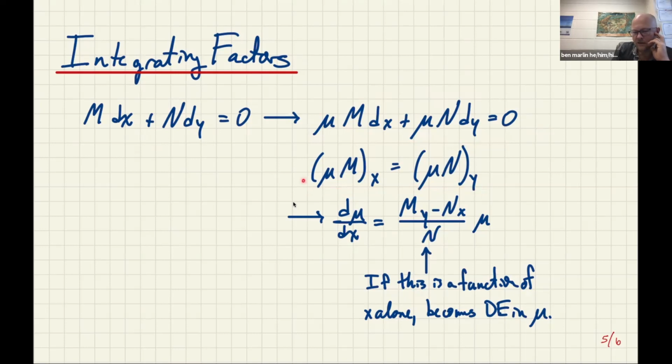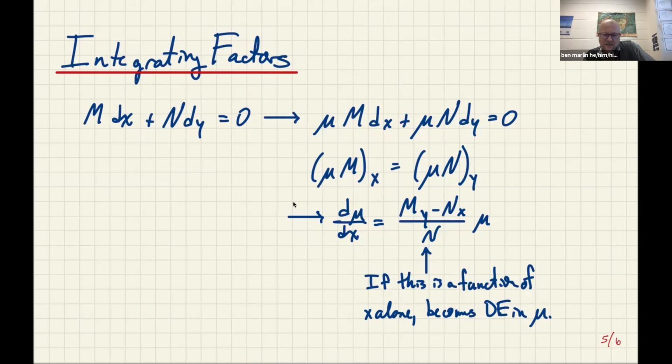I am a little dicey on getting the algebra of this step here to work, but it will turn out that the derivative of mu with respect to x will turn out to be m sub y minus n sub x all over n, and then times mu, okay? See if y'all can work that out. I couldn't quite make the algebra work out nicely. So, sorry.